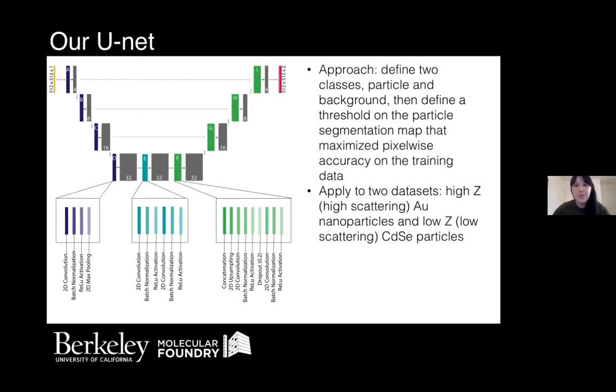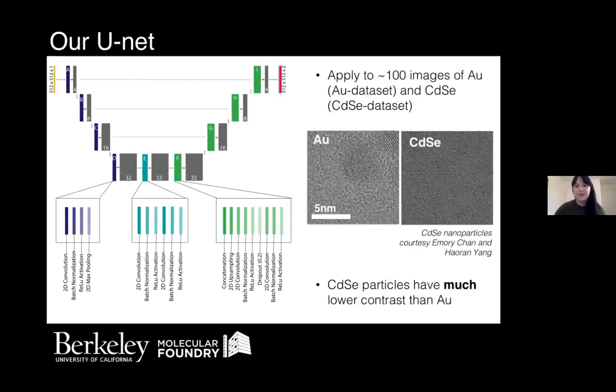We also found it really important to carefully define our classes. Our feature space in electron microscopy data, I'm just going to skip to the next slide so you can see what some representative images look like, is much more limited than natural images that you might find in ImageNet. Here we really only have background and nanoparticle.